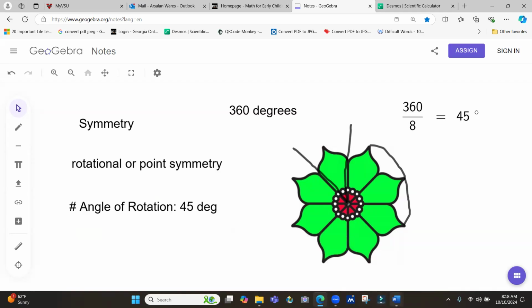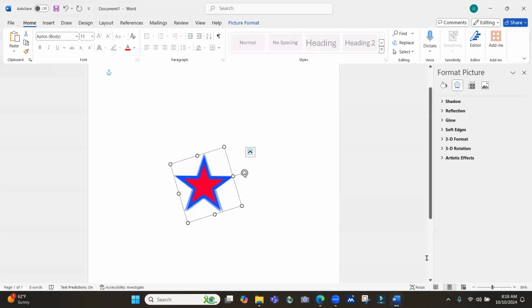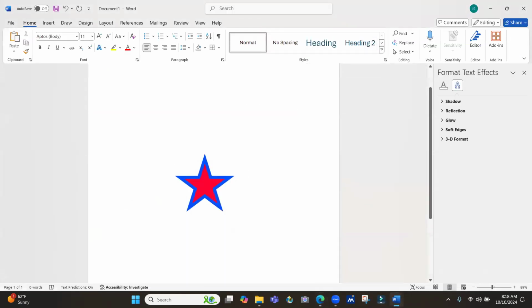So let's do a brief summary of what we did. We talked about symmetry. There are 2 types of symmetries.